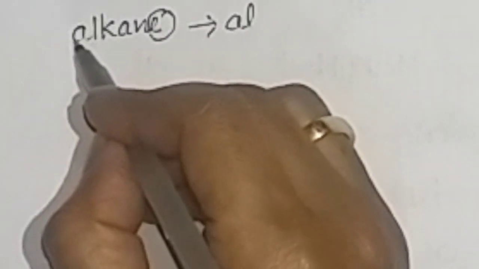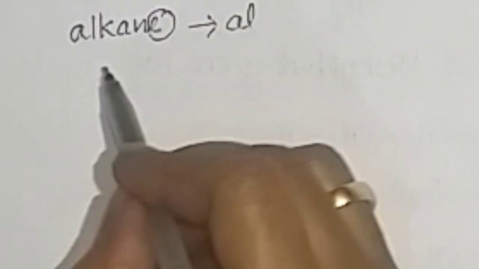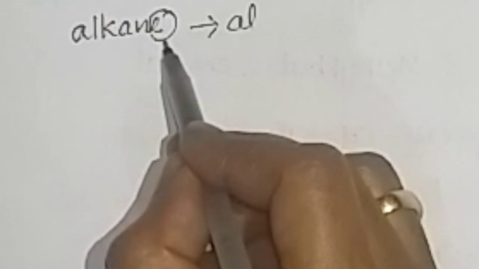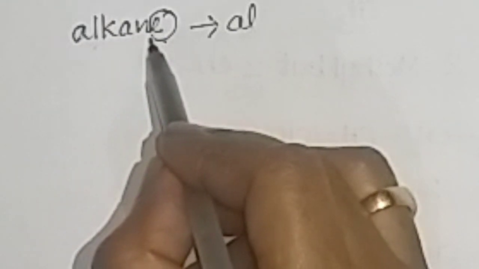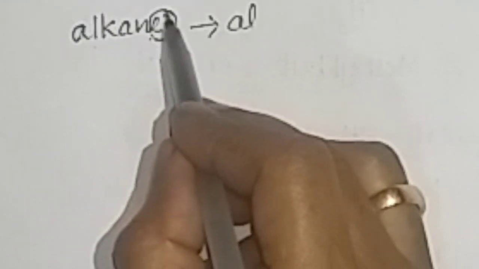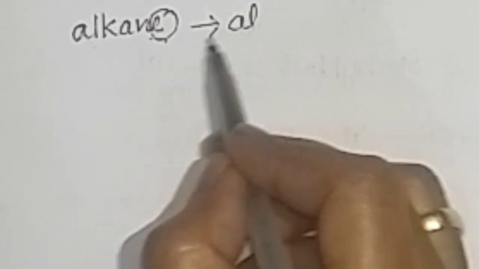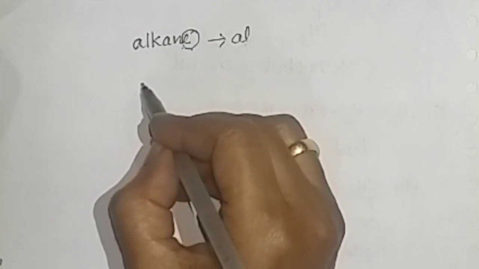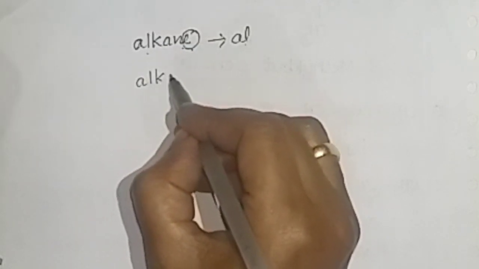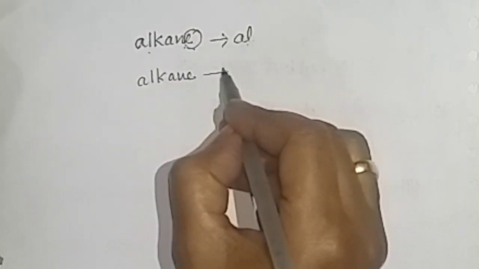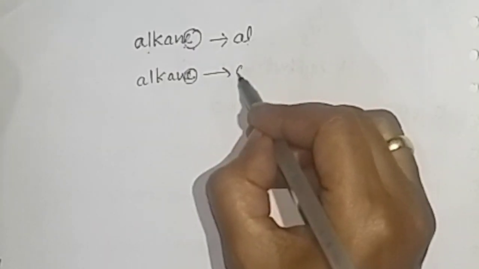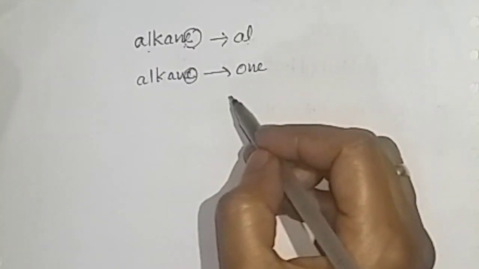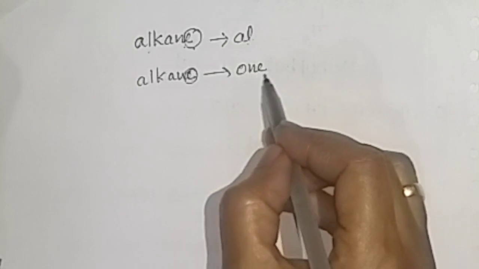Then we get the name of the aldehyde. In the case of ketones, the parent alkane is taken, the E is replaced by one, then we get the corresponding ketone.